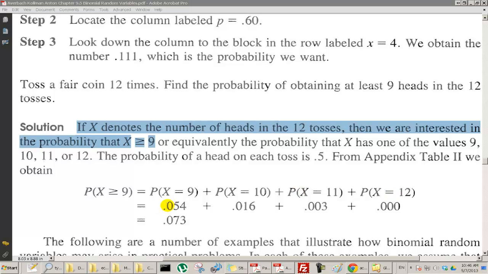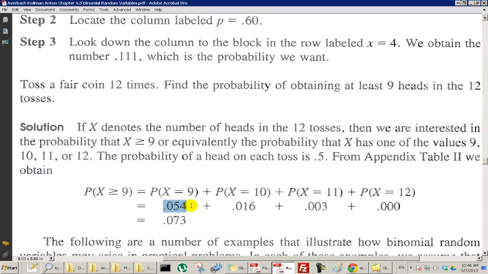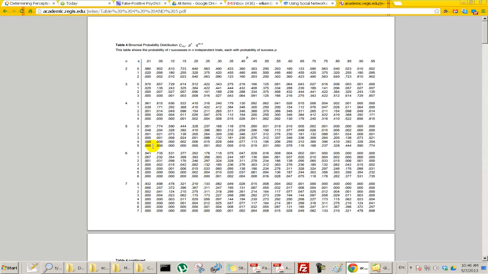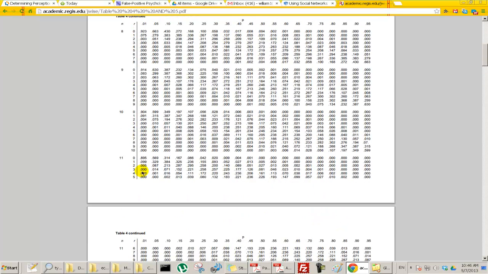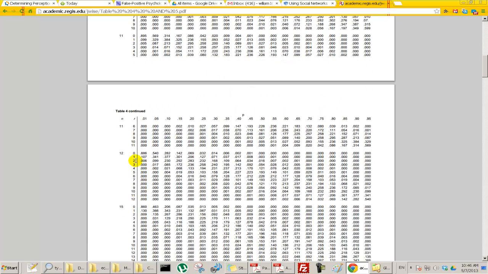Let's try the first one. X equals 9. So we're talking about N equals 12 and X equals 9 and P is a half, right? So let's see. N equals 12 here, X equals 9 or R equals 9, and P equals 0.5 is here.